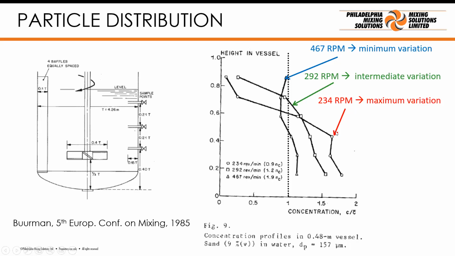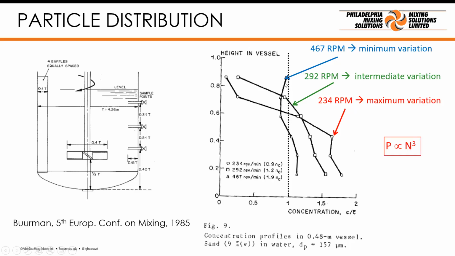So at low speeds, we've got more particles in the bottom portion of the tank, and at the surface, no particles. We increase the speed to 290. Some of the particles in the base of the tank are picked up towards the top of the tank, and we increase the speed further, and we get almost uniform minimum variation, uniformity of the solids.